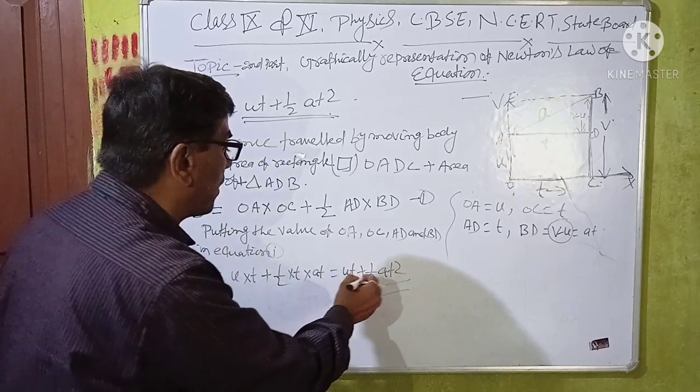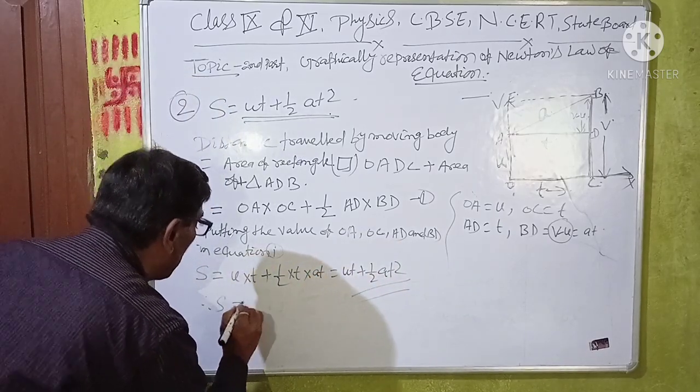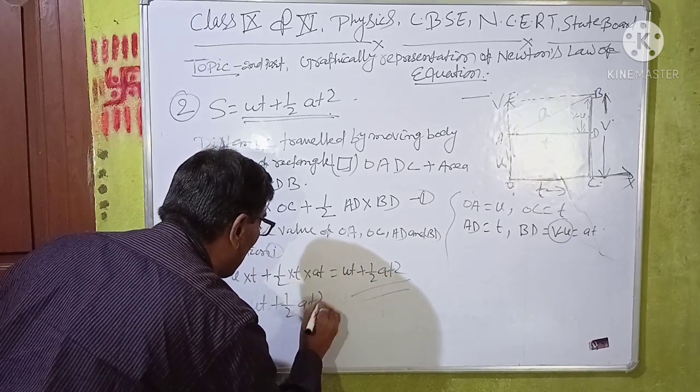Then we get ut plus half at squared. So S is equal to ut plus half at squared.